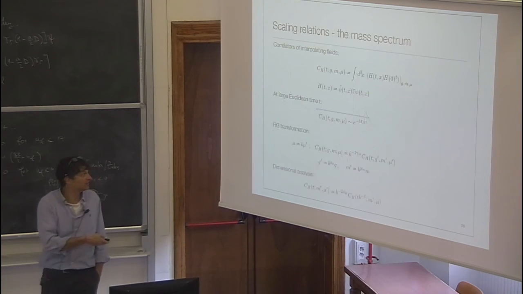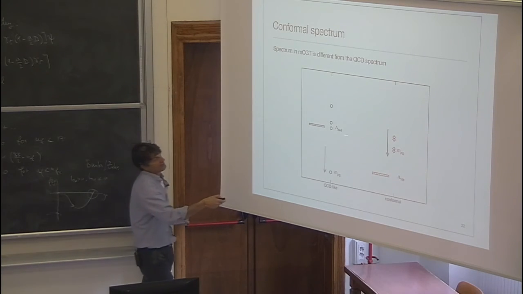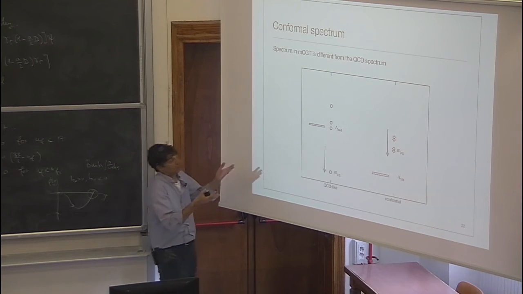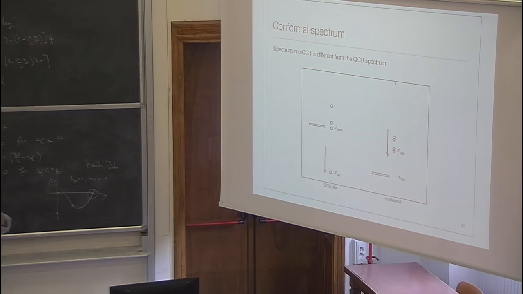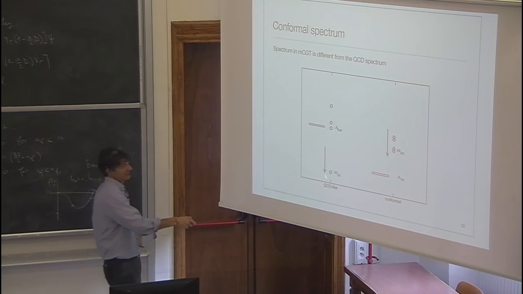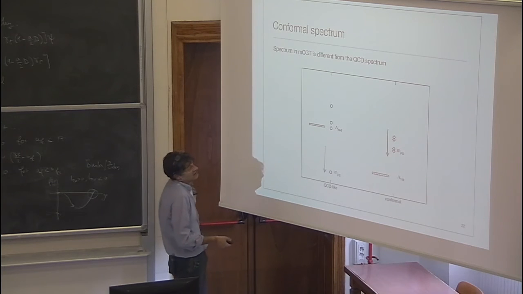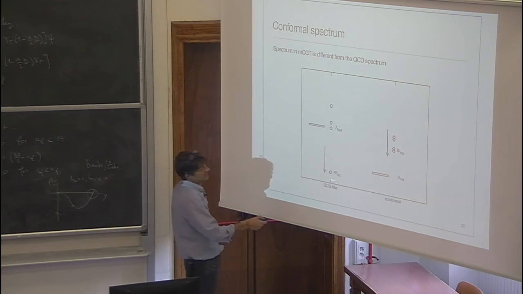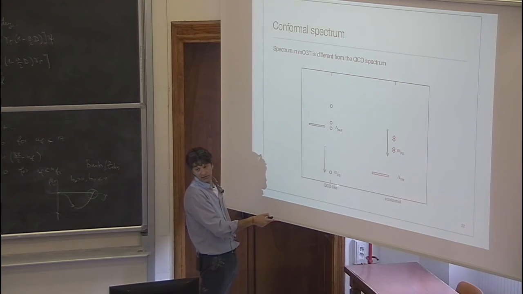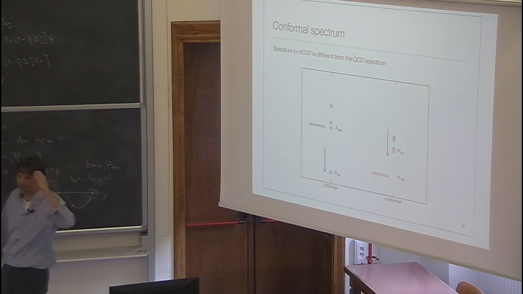In the QCD spectrum, as you send the mass to 0, all your hadronic states will converge to some value, which is what you find in the PDG, except one, except the pions, except the Goldstone bosons. So the spectrum of QCD basically is dictated by chiral symmetry. The Goldstone bosons of chiral symmetry become massless as you send the quark mass to 0, while all the hadronic states in the spectrum remain massive.